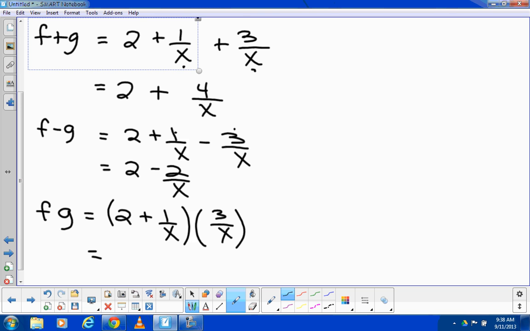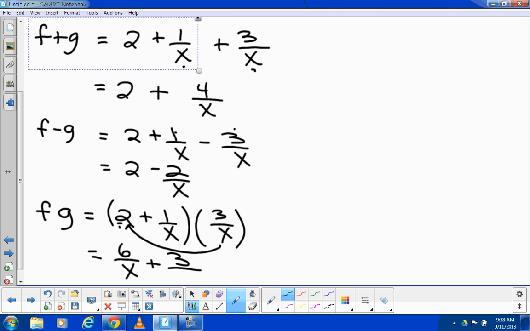Most of the time when we distribute, this would kind of look backwards. But let's see. 3 over x times 2. Just multiply numerators, multiply denominators. 3 times 2 is 6. And x times an understood 1 right there would just be x. It'll help me with my next one here. All right, 1 over x times 3 over x. What would that be?